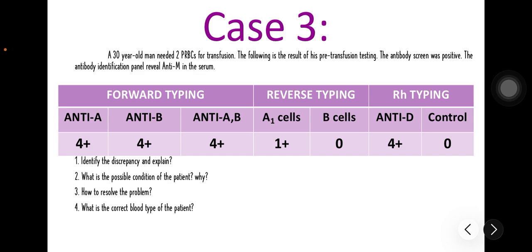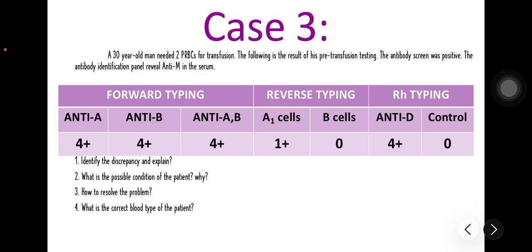The RH typing, the anti-D is 4 plus, so the patient is RH positive. So what's the most important clue in this case? It states that the antibody screen was positive, and then the antibody identification panel revealed anti-M in the serum. So this is very important.